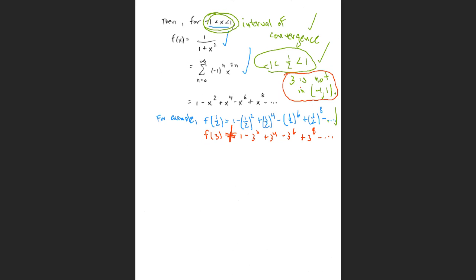And if you actually even look at f of 3, it's going crazy, right? It's diverging. If you were just to compute f of 3 using the function, you'd have 1 divided by 1 plus 3 squared, which is a 10th, right?